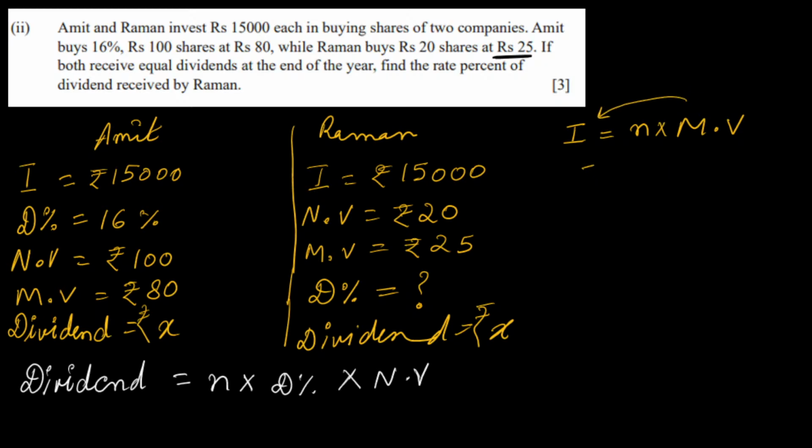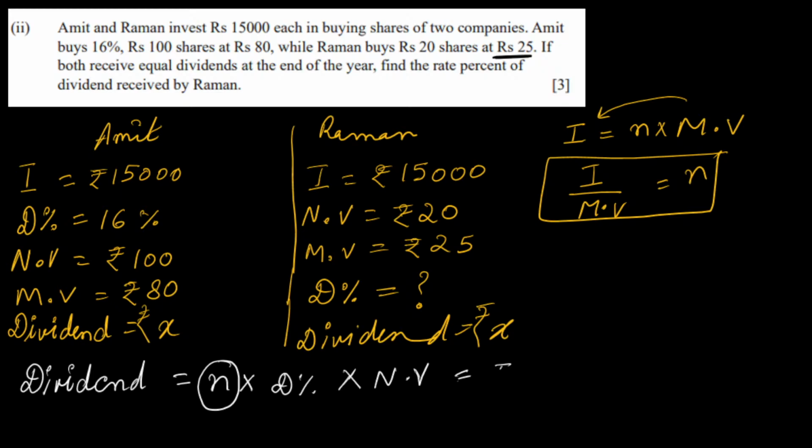If I shift market value to the other side, it will be investment by market value equal to number of shares. So in place of N I can write investment by MV into dividend percent into NV.